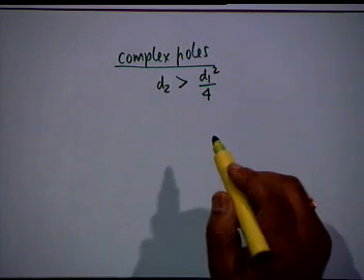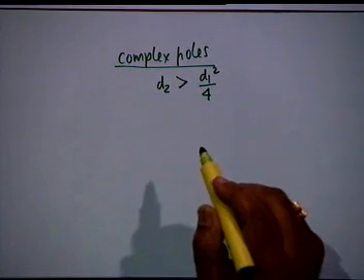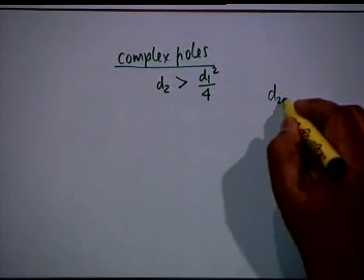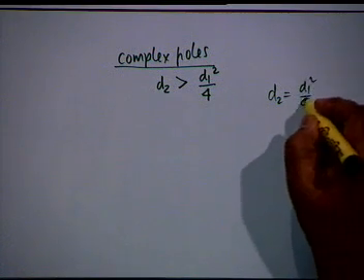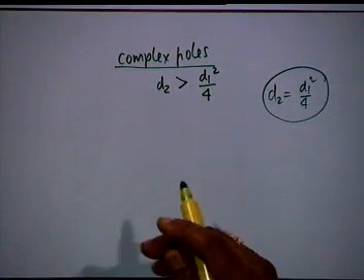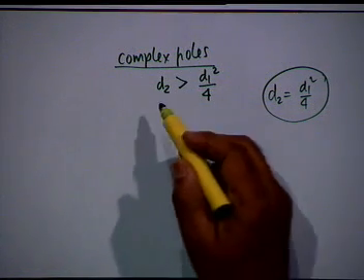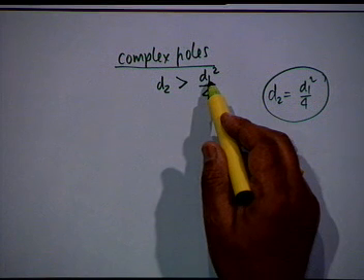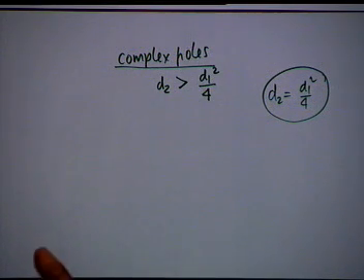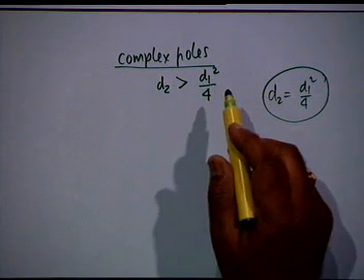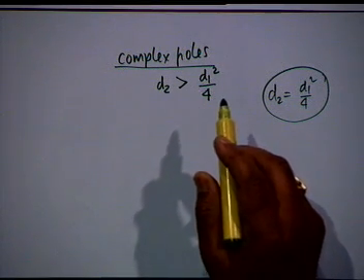In other words, if I plot the curve with an equality sign here, that is d2 equal to d1 square by 4, then d2 should be above this curve. All right, d2 should be above this curve. Not only that, since it is d1 squared and d1 is a real quantity, it could be positive or negative, but d2 therefore should be greater than 0. Agreed?